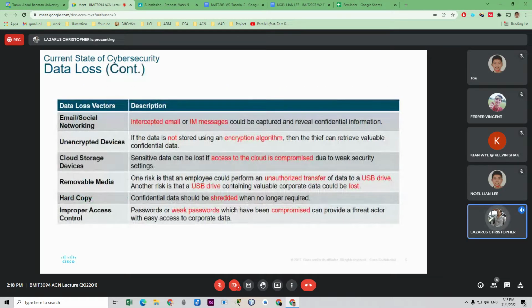Right. So the data loss factors. What are things that can lose data? So email, social networking. Just now I talked about Facebook as social network data. We store a lot of our data there, and most of the time we share, but some of it we don't share, for our own consumption or consumption of our immediate families.